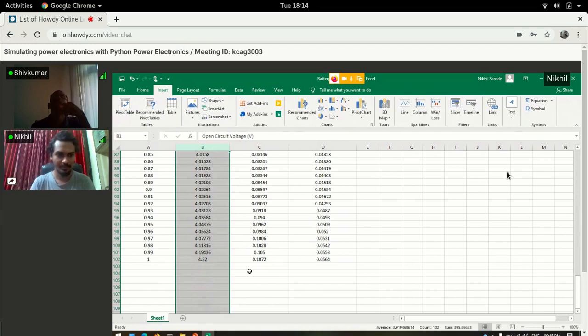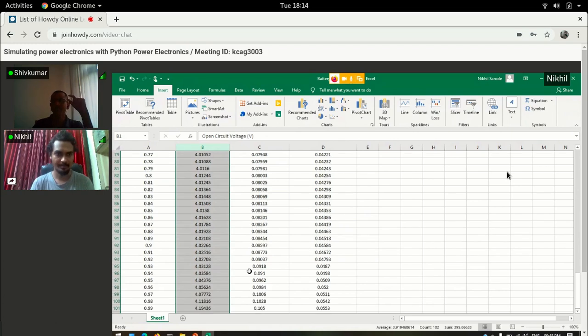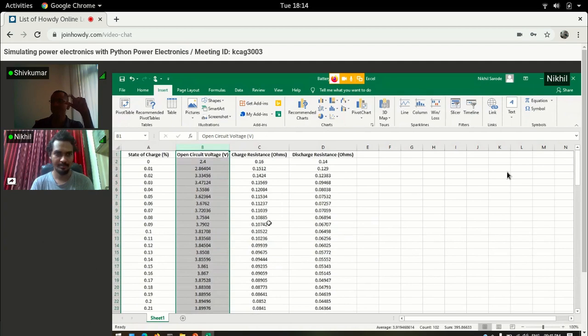I see. So the challenge here is we have the capacity of the cell in ampere hours. We have the state of charge in percentage or per unit, from 0 to 1. We have the voltage as a full number, 0 to 4.2.